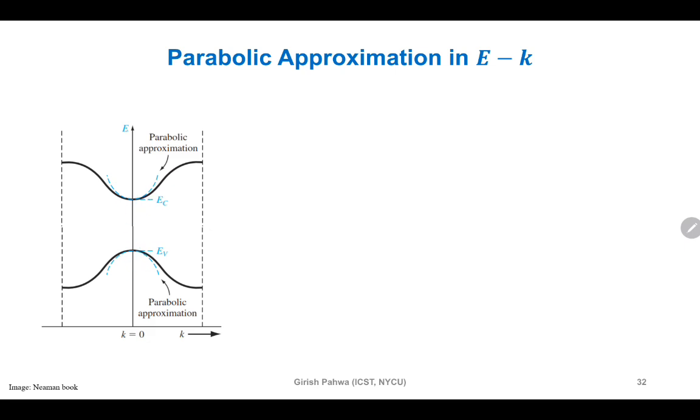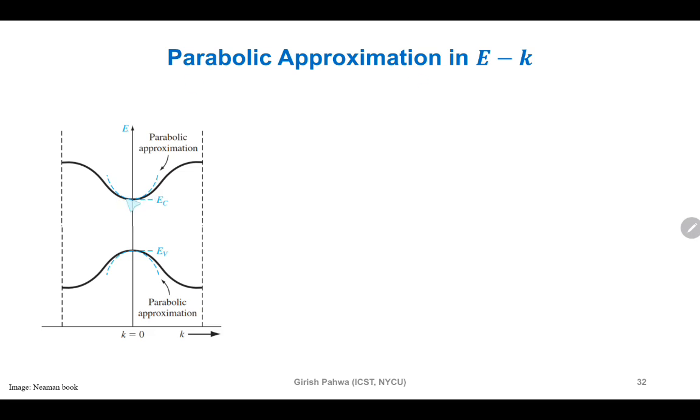So these regions are very important for us, because usually carriers try to accumulate there. Why they do that, we'll see later. So we try to replace the relationship between E and K around these regions with some simple approximations, and that's what the parabolic approximation is.